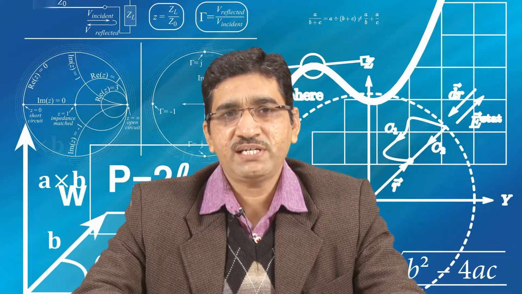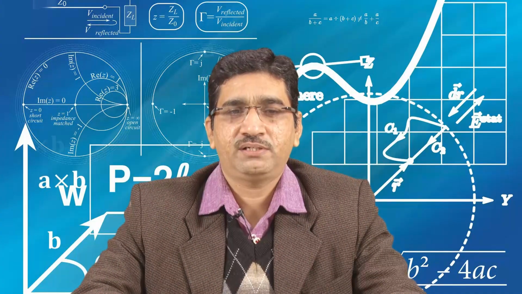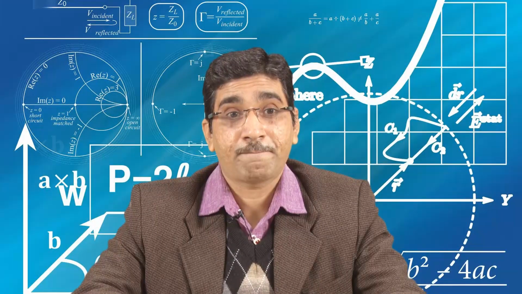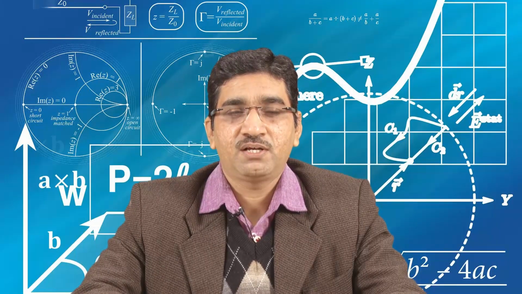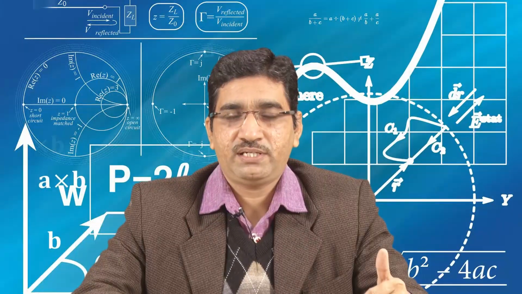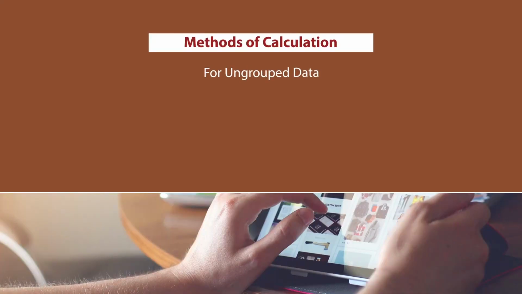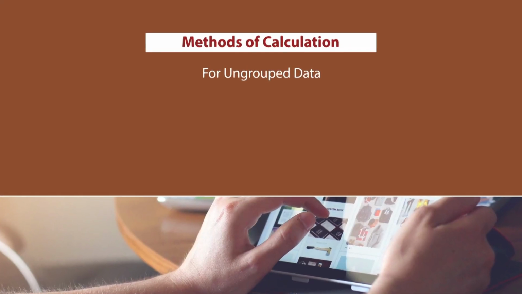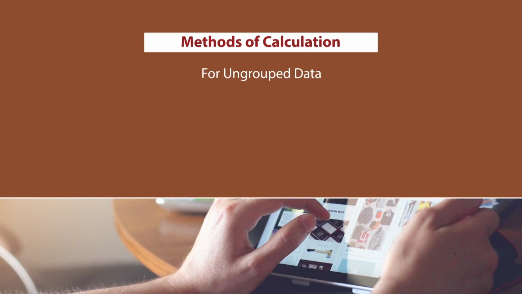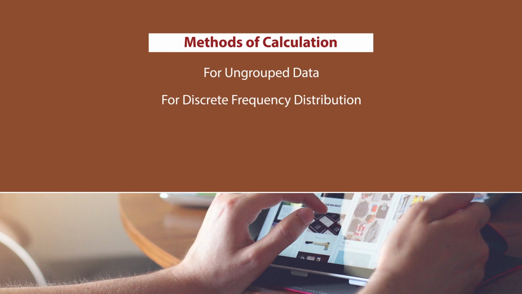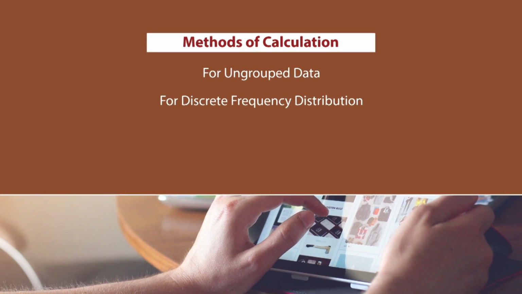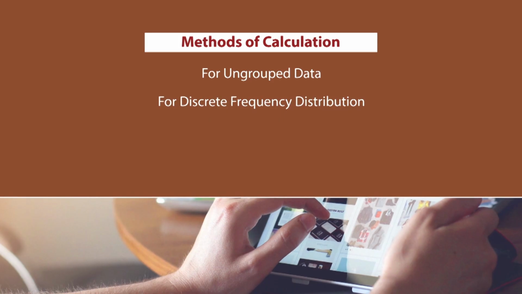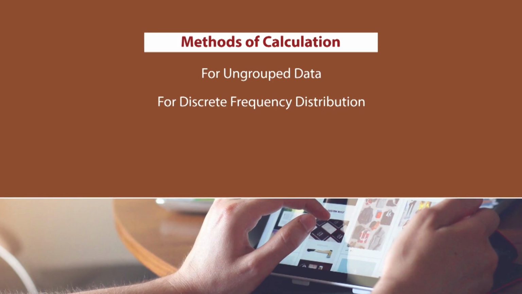Now, we will discuss the different methods of calculation of the arithmetic mean. As we studied in the first course MST 001, there are three kinds of data. First is ungrouped data, that is, an individual series where the values of the observations are given. Second is discrete frequency distribution, where discrete values are given with their respective frequencies.